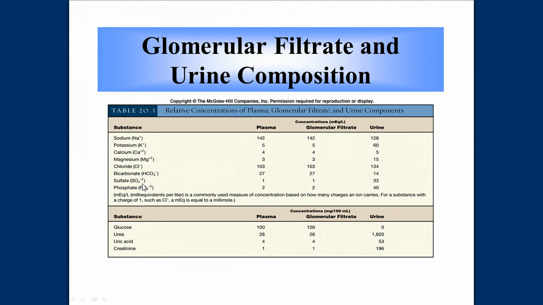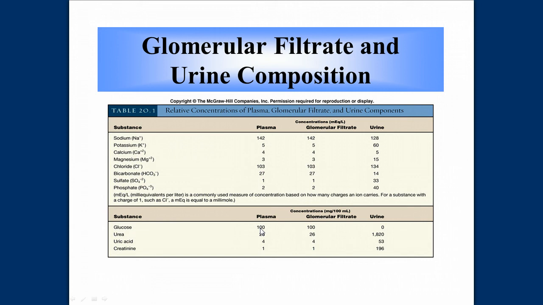Sulfates and phosphates, you need to get rid of those. They're metabolic waste products, so they would be dumped into the tubule through tubular secretion so that we can get rid of them in our waste. But compare these numbers, it's really interesting.